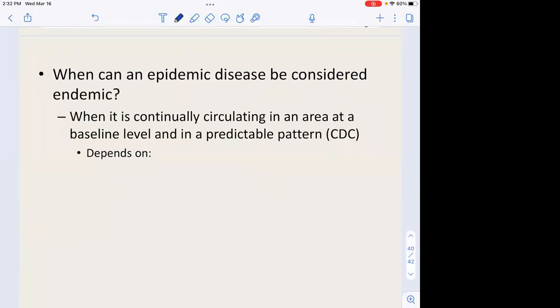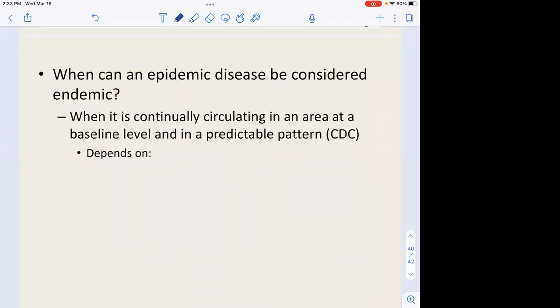When can we change and call it endemic? This isn't really a question that we've had to deal with because we haven't had a new infection like COVID. But now we're starting to think, well, COVID's always going to be with us probably. So when can we consider it endemic instead of epidemic?